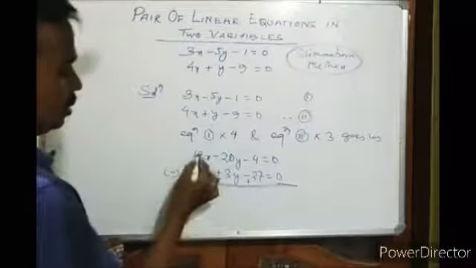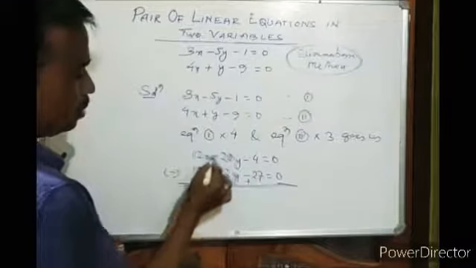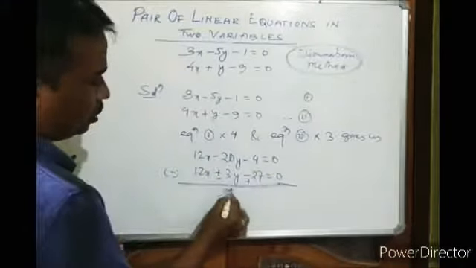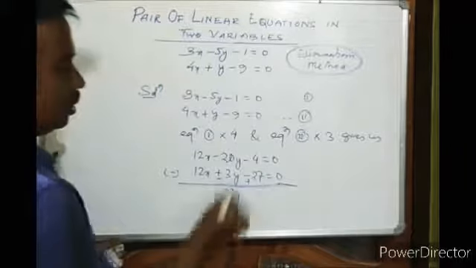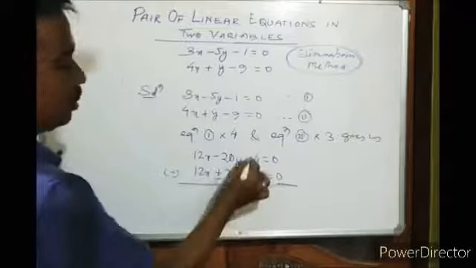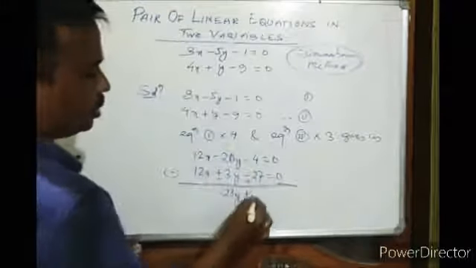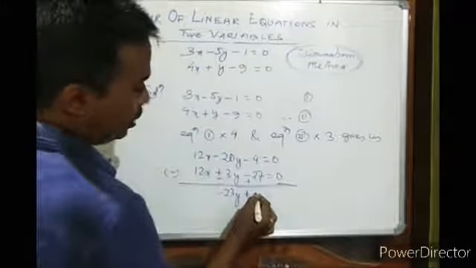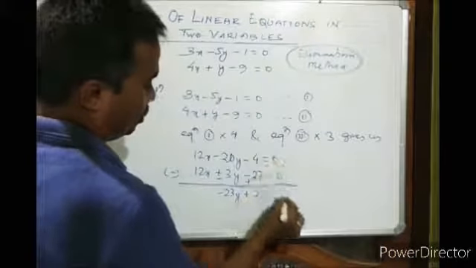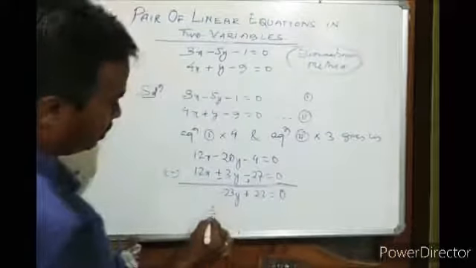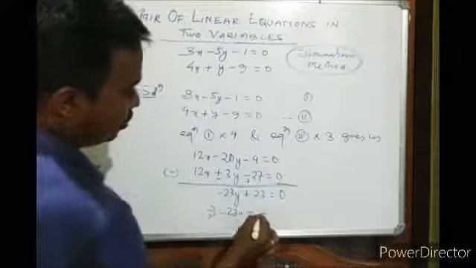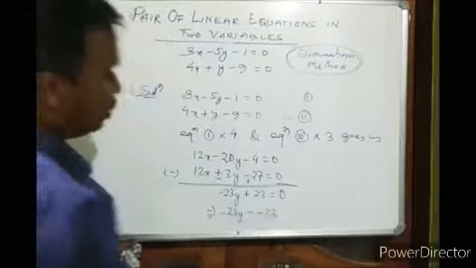So I got 12x minus 12x is 0, and minus 20 minus 3 is minus 23y, and minus 4 plus 27 is 23, equal to 0 minus 0 is 0. So this implies minus 23y is equal to minus 23.